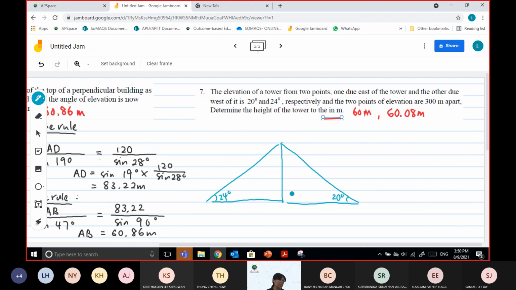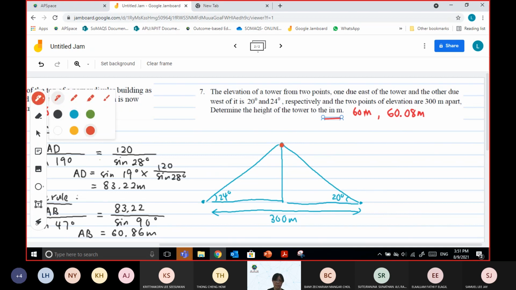And they say the 2 points are 300 meters apart. So these are the 2 points, so 300 meters apart. Then determine the height of the tower in meters.